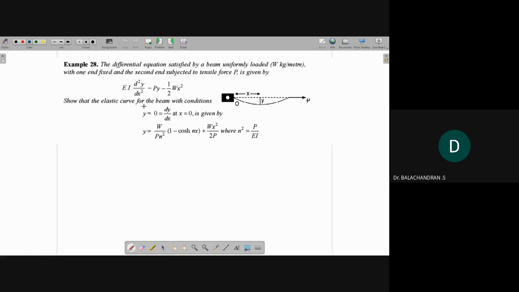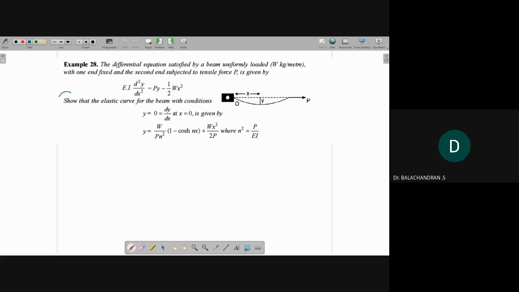Show that the elastic curve for the beam, with the conditions y equal to 0 and dy by dx is equal to 0 at x equal to 0, is given by this equation.